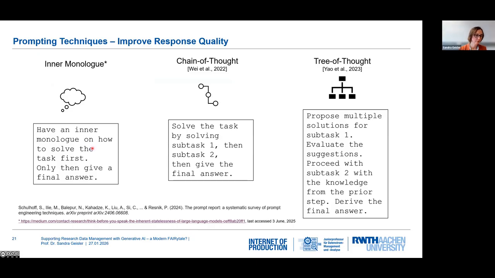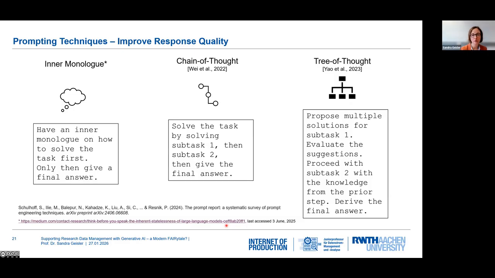So either that you say, okay, you should have an inner monologue on what you do and then give an answer, or that you should solve the task by planning, or using different alternatives to come up with an answer. I recommend a nice paper called the Prompt Report, where you find a very systematic review of what kind of techniques exist in prompt engineering.